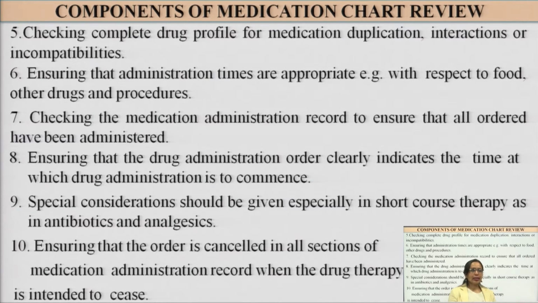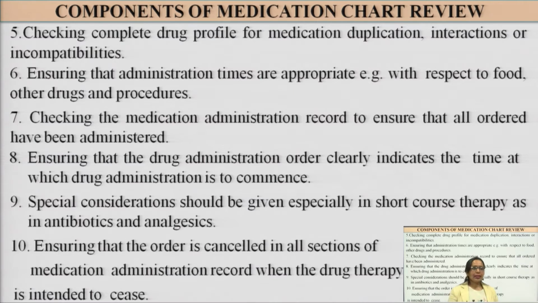Along with the rest, we have to check the complete drug profile for medication duplication, interactions and incompatibilities during the medication chart review, and ensure that administration times are appropriate, for example, with respect to food, other drugs and procedures.